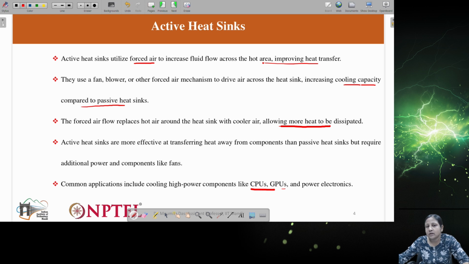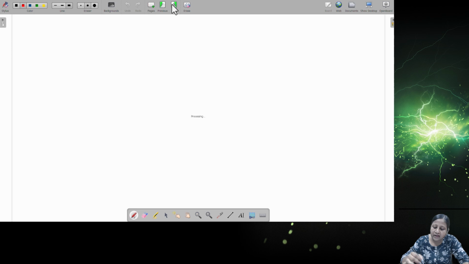This fan is always on, so it is taking off heat from the CPU through the heatsink. So that way we can use an active heatsink. An active heatsink is much more efficient than a passive heatsink, because we have one active component along with the passive component.